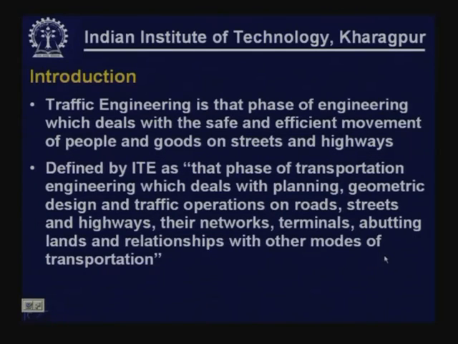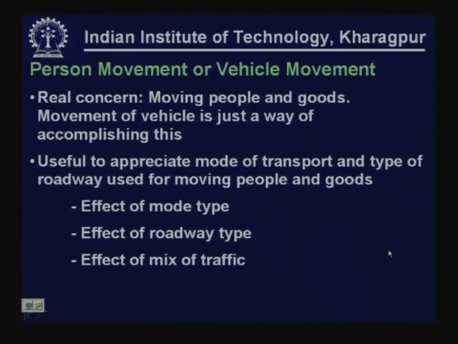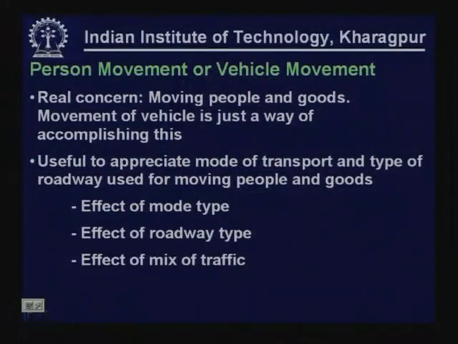With this background definition, let us now try to address some of the basic issues in traffic engineering perspective, basically to create our mindset about the traffic engineering elements. First issue is whether it is person movement or vehicle movement.